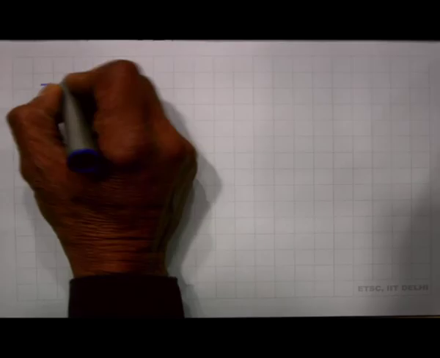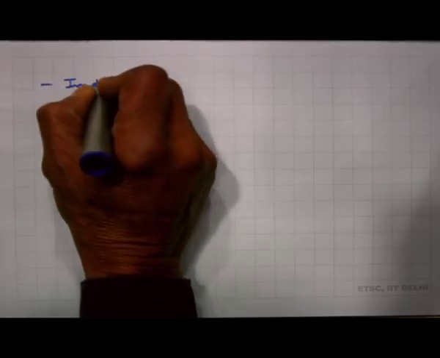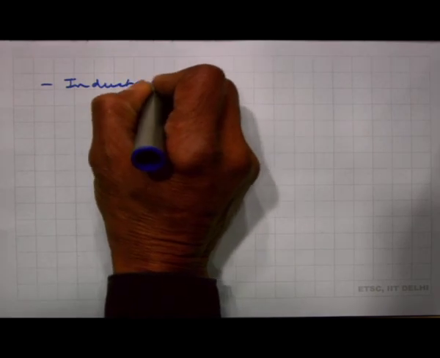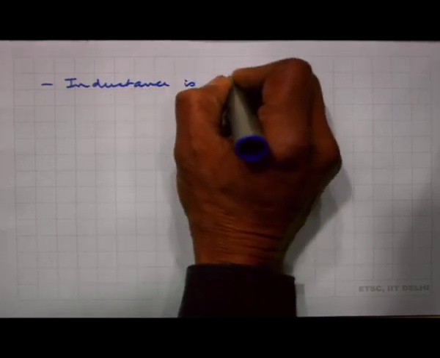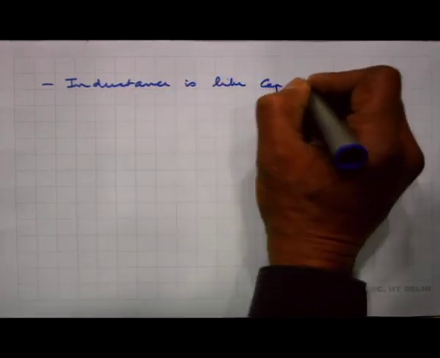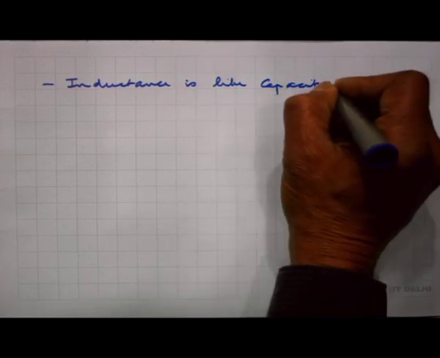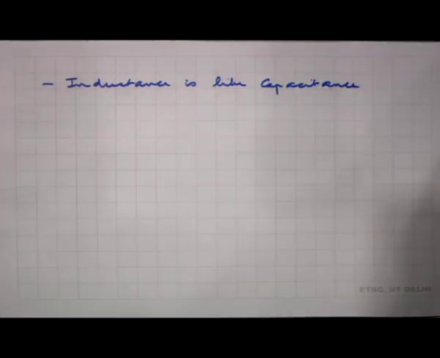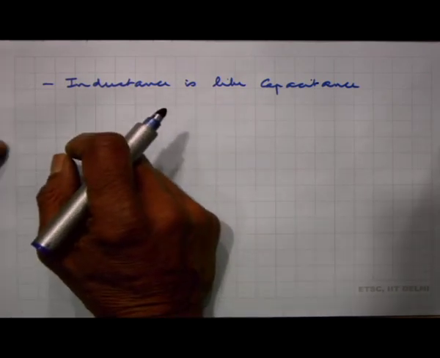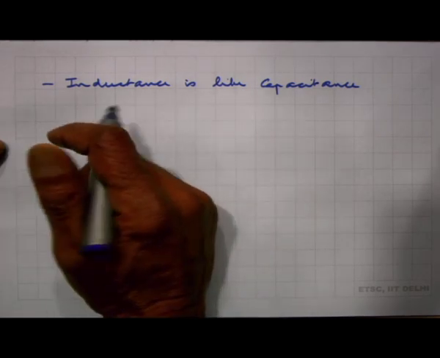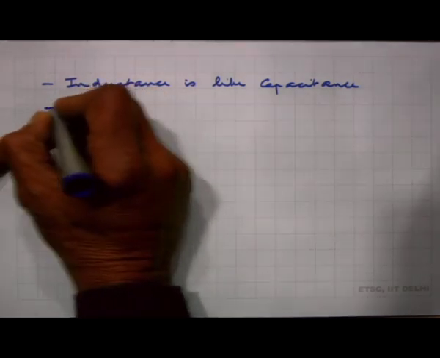Inductance is like capacitance. The capacitance was a device in electrostatic circuits, and inductance is a device used in the magnetic part of the circuit.